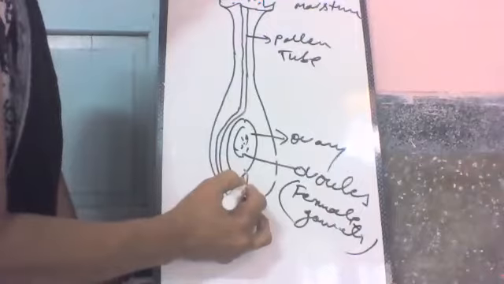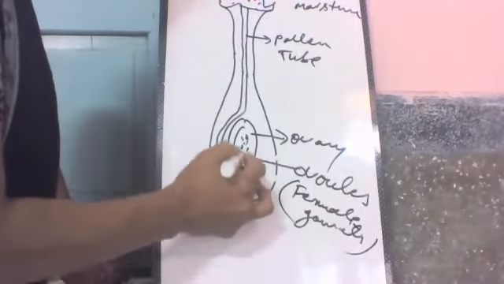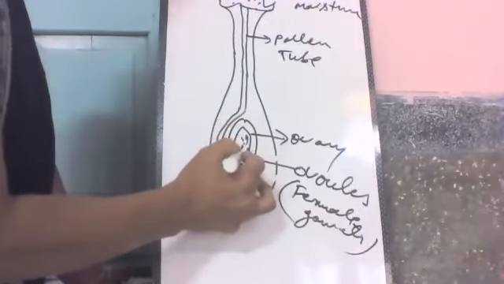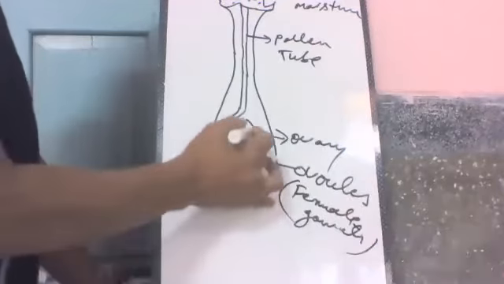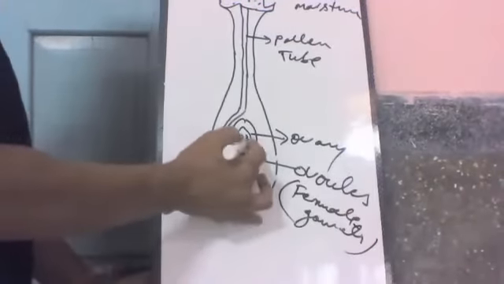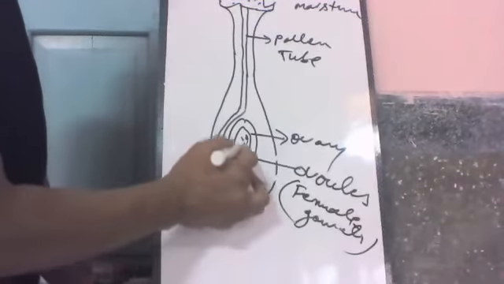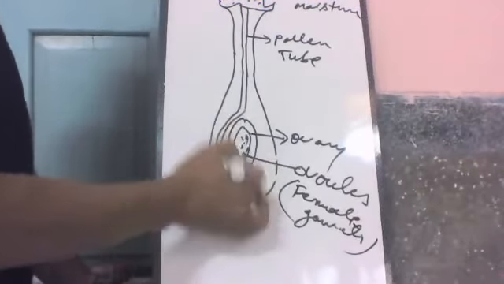The pollen tube penetrates the ovary and reaches the ovule, and after fertilization they fuse together. Male and female gametes fuse together to form a zygote.